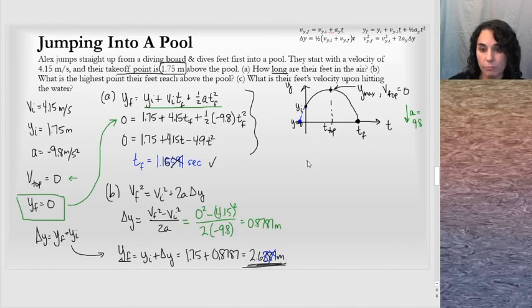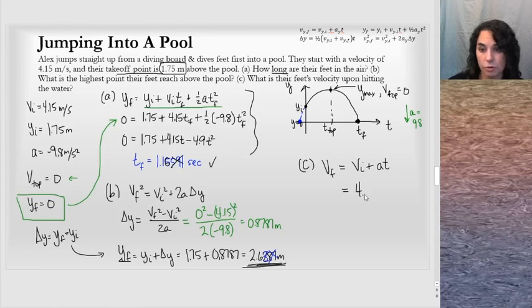The final part here, C, what is their feet's velocity upon hitting the water? So we actually want to find V final. And this is for the whole entire time, so we actually know the time it takes to get to the water again. So if I think about the equations that have V final in them, this one seems the easiest.